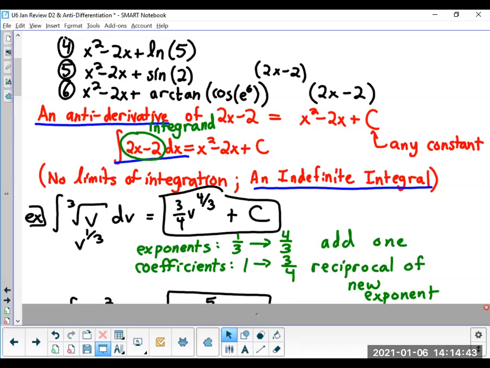Well, we have 3/4 times the derivative of v to the 4/3 power, and we learned when we take the derivative of v to the 4/3 power, we subtract 1 from the exponent, and subtracting 1 from 4/3 makes 1/3, because 1 is 3/3. The derivative of c is 0. If you do 4/3 times 3/4, you get 1. You get v to the 1/3 power, which is the same thing as the cube root of v.